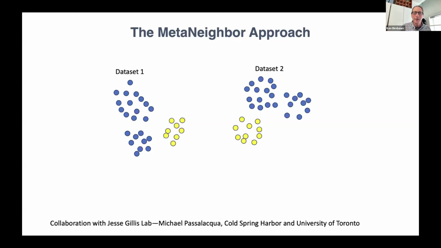So the method, which I'm really shorthanding here, is much more complicated than what I'm saying and has a more elegant formulation. But for example, these are two data sets, and there are different ways to map the same genes in another data set, either by homology or maybe they're the same genes.